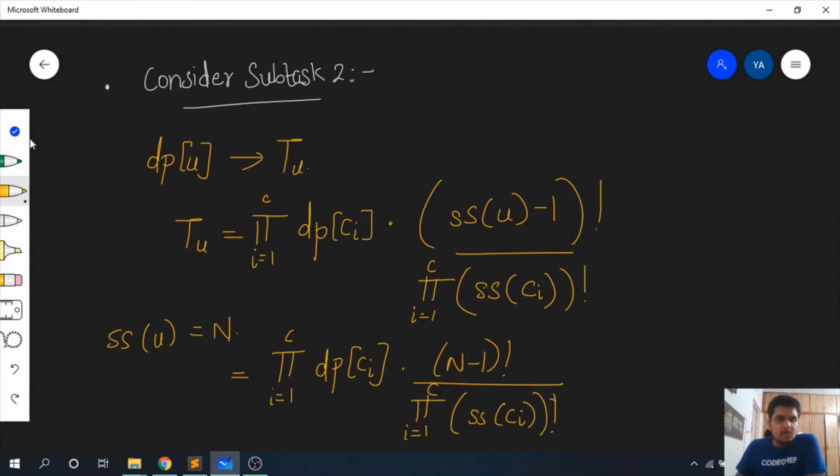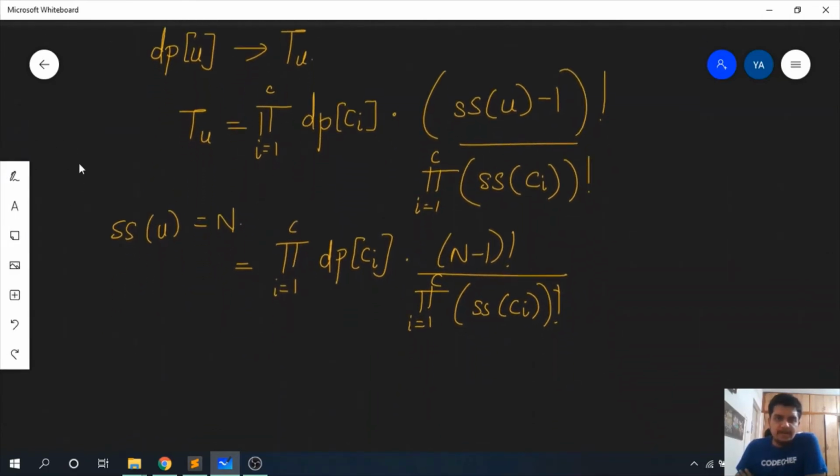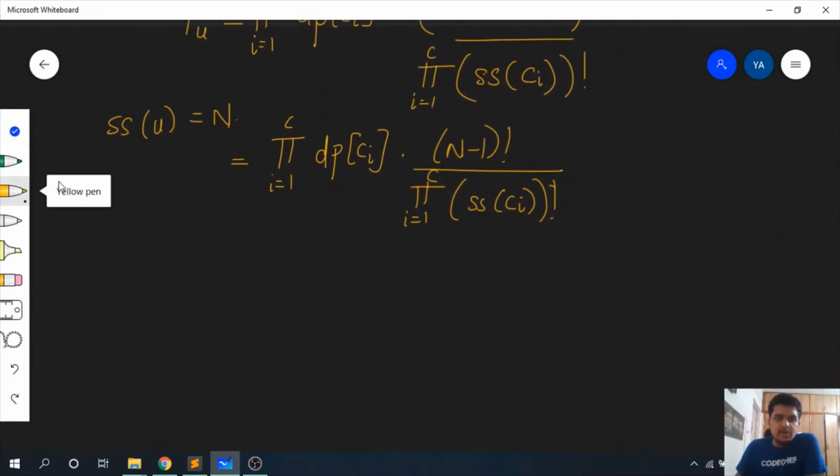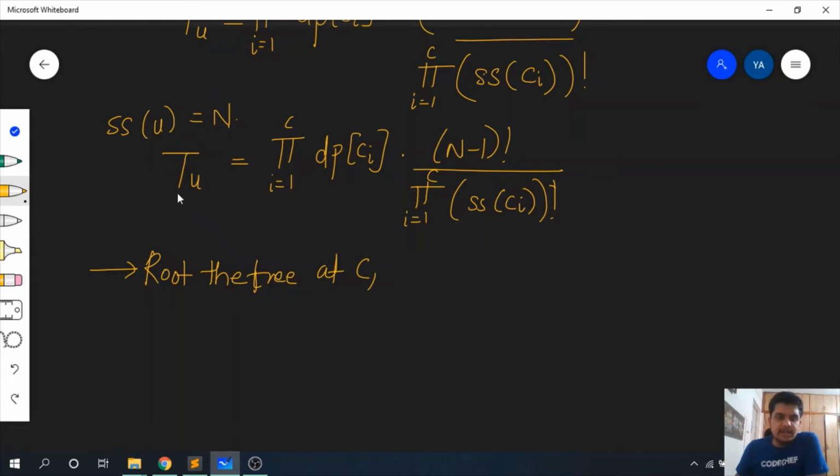Now the next step we have to do is let us root the tree at c1. So now we have found out what is the tu by rooting the tree at u. Now let us root the tree at c1.